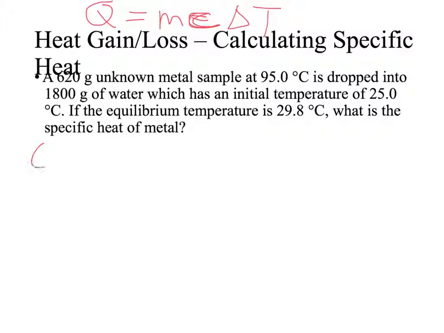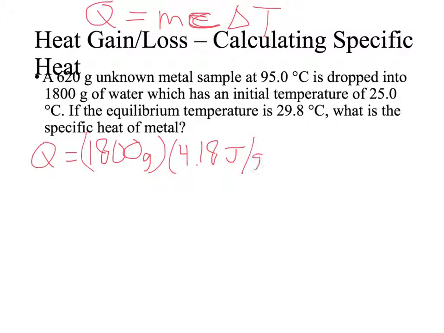And so we can substitute: Q for the water is equal to M for the water, and the mass of water is 1,800 grams, times C for the water, which is 4.18 joules per gram degree Celsius, times the change in temperature of the water.